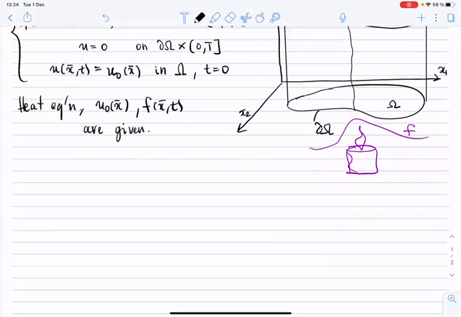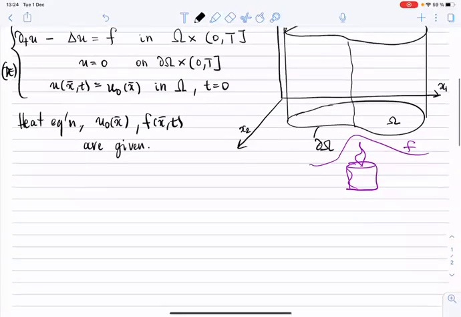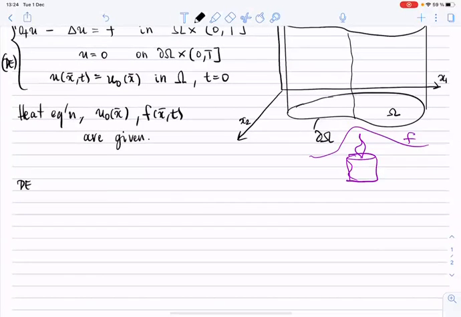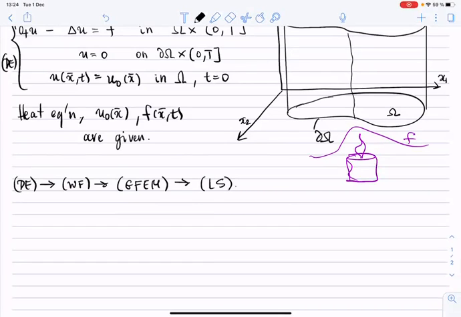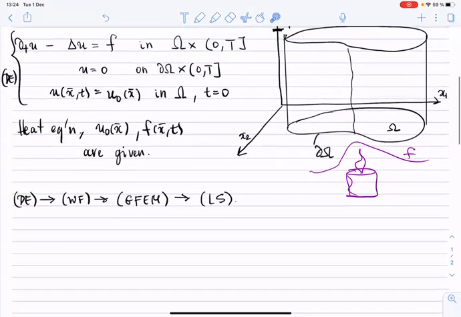All right, so the usual step that we want to do, this object is of course differential equation. The problem is given here denoted by DE. We want to write weak formulation. Then we want to write finite element approximation of this weak formulation. And finally, we get to linear system to solve. So the steps are the same. And the idea here, of course, we write weak formulation, so to reduce this second order derivative.